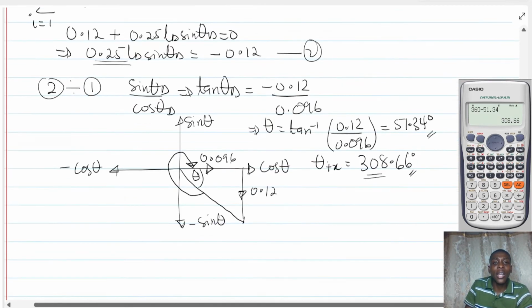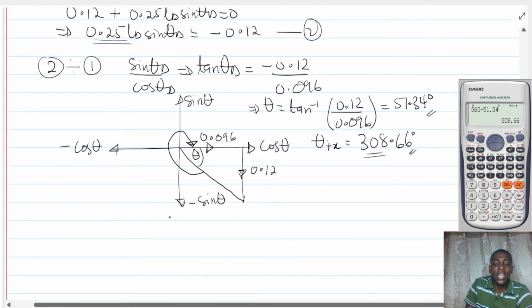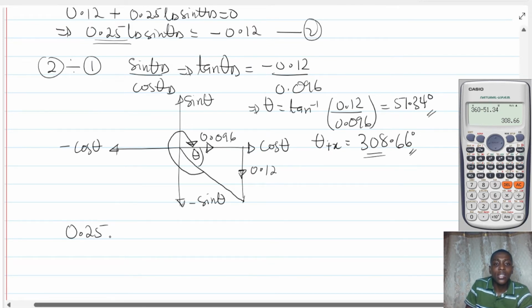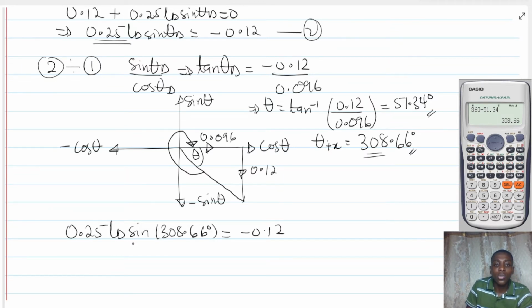Having gotten this angle, I can put it inside the first or the second equation to find my LD. Using the sine equation, I can say that 0.25 LD sine theta d, where theta d is 308.66, should be equal to minus 0.12.